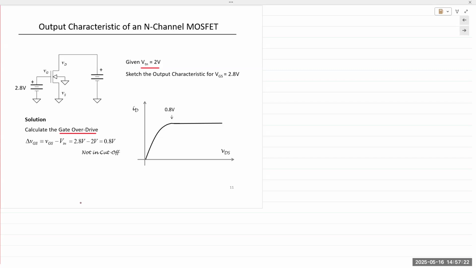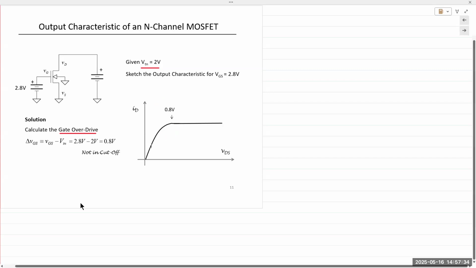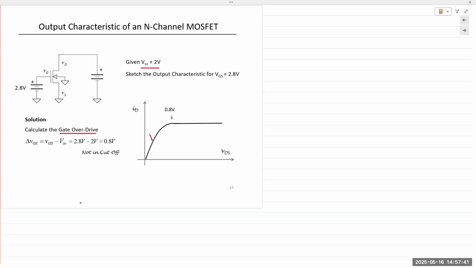If you have a threshold voltage of 2 volts, and you apply a gate voltage of 2.8, then the gate overdrive voltage is 0.8, which is what we obtain in the output characteristic. So the output is linear for a while, and then it saturates. Okay, and that's how a MOSFET would work.